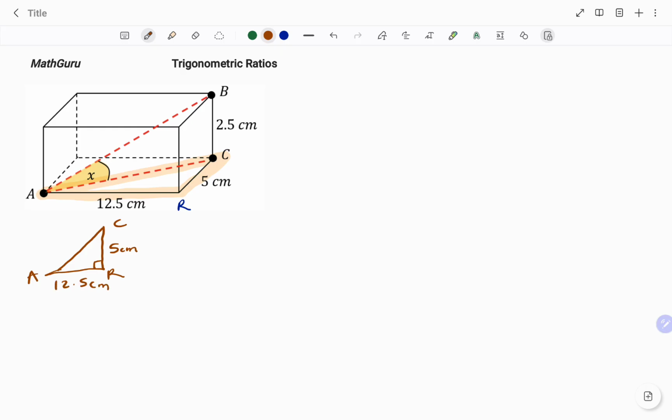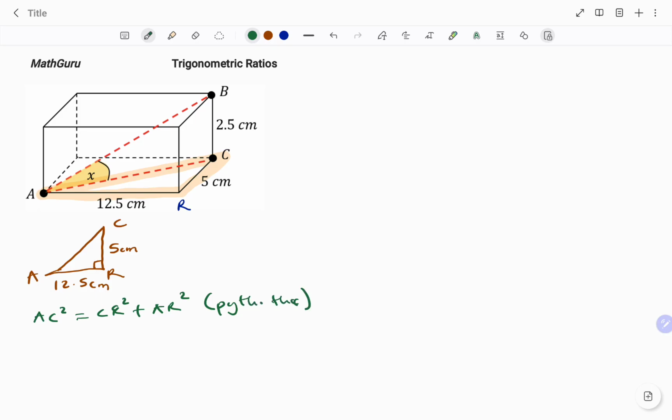So the first step is to find the value of AC. I'm going to use my Pythagoras Theorem that states that the square of the longest side, or the side facing my right angle, AC squared, equals the sum of the squares of the other two sides, AR squared and CR squared, by Pythagoras theorem.